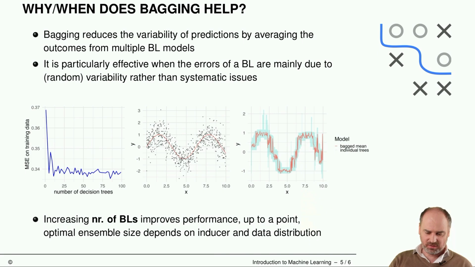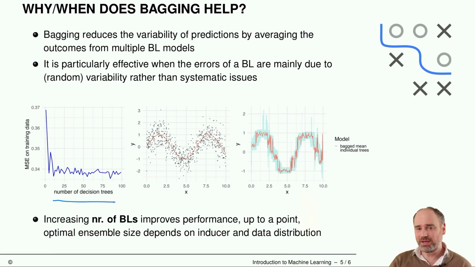So this is particularly effective if large parts of the prediction error of our underlying base learners is usually due to that instability and often due to some randomness, some random noise in that learning procedure. So what you can see here is I've created a bunch of different decision trees.